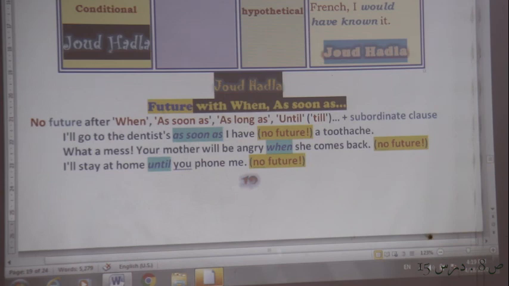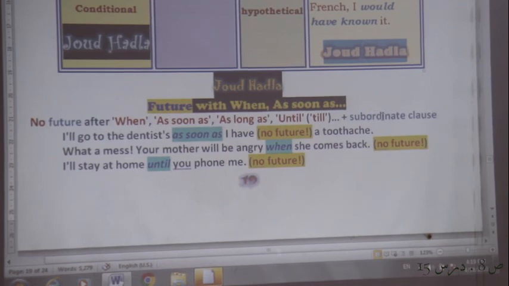So a future with when, as soon as, as long as, until, or till, plus a subordinate clause. A subordinate clause means a clause that can't stand alone. So when we have when, as soon as, as long as, or until, and we want to refer to the future, we don't use will after as soon as.